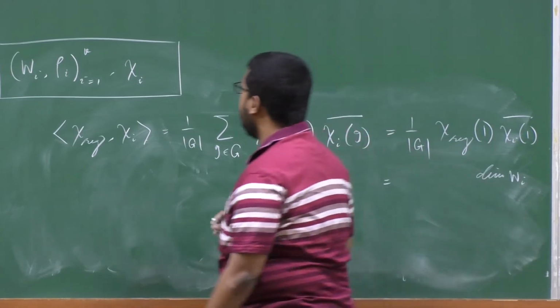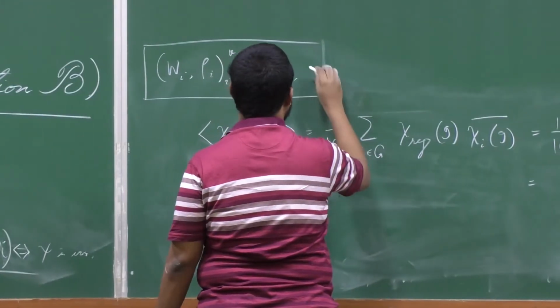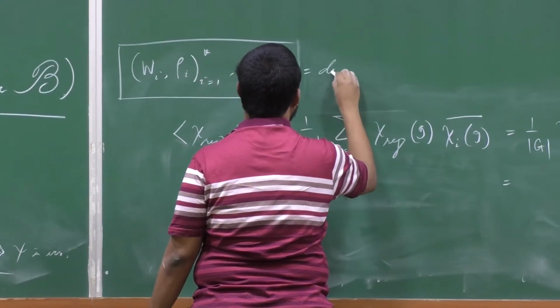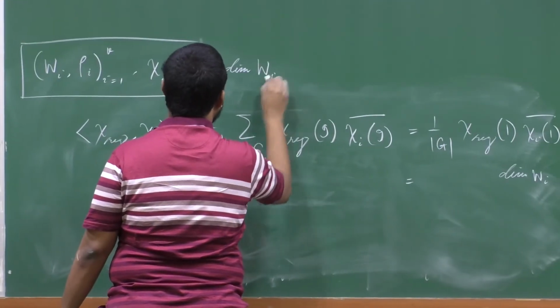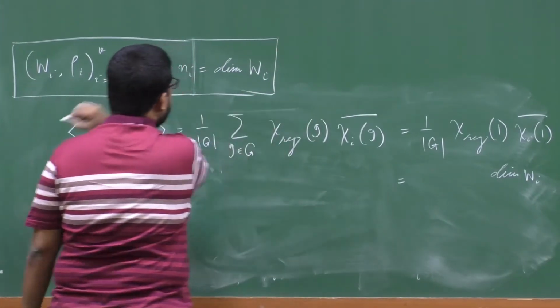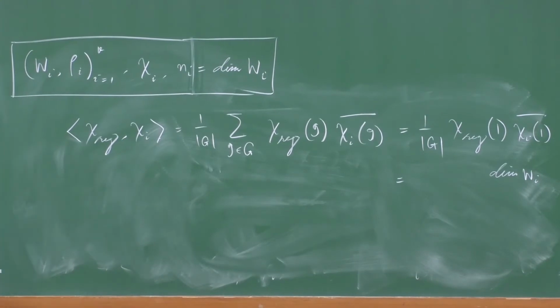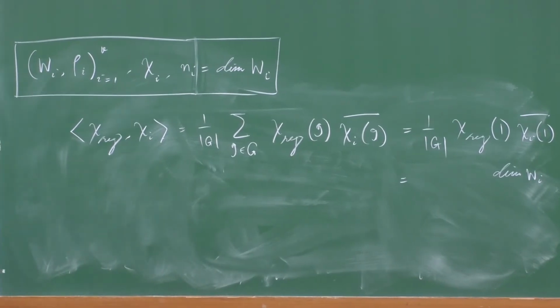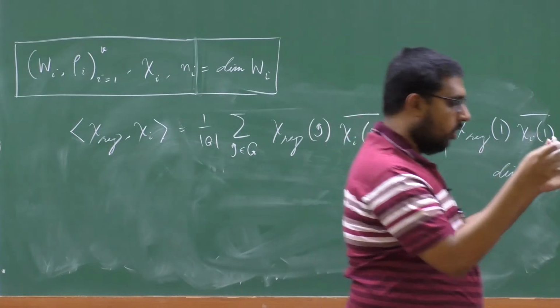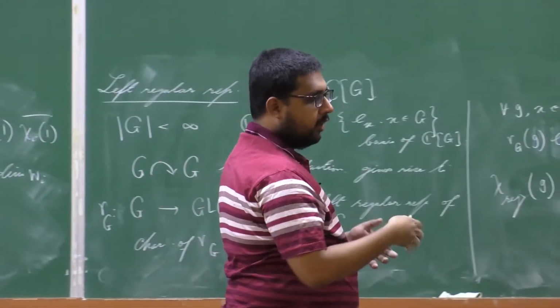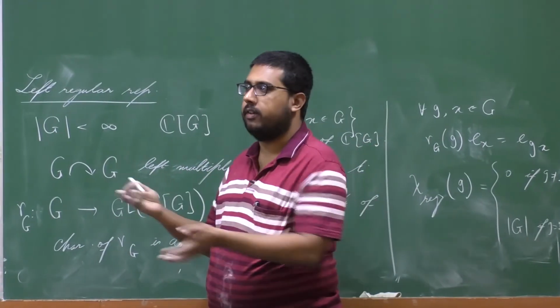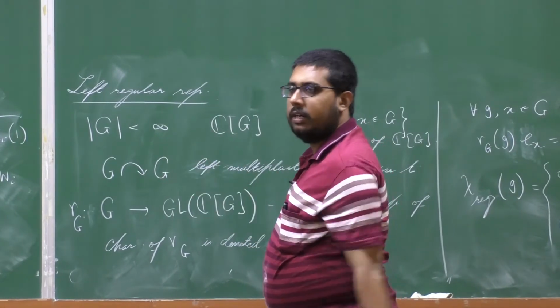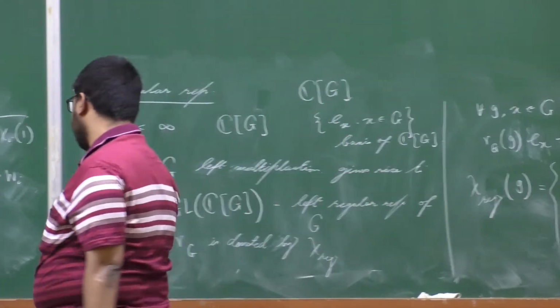Okay. So, let me also denote by Ni the dimension of Wi. As I said, first we have chosen a set of mutually non-isomorphic and exhaustive collections of irreducible representations.